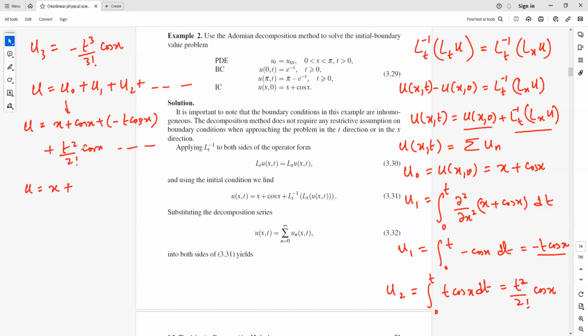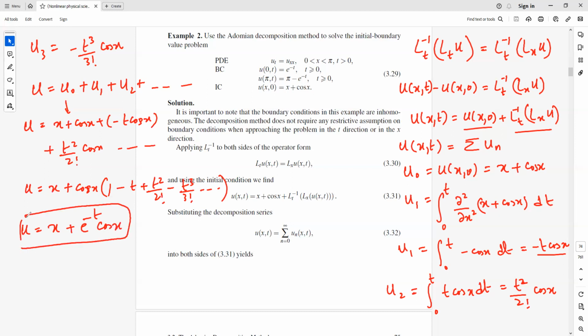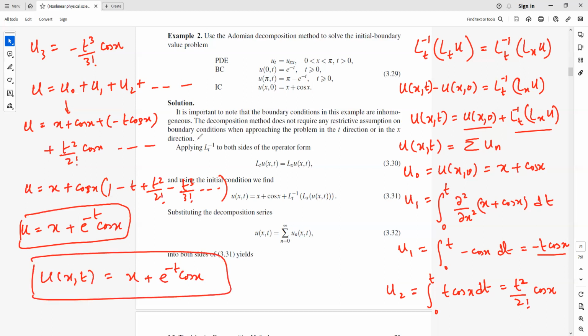Therefore x plus, if we take cosine x as common, then inside the bracket we have a function that is nothing but the Taylor series expansion of the function e to the power negative t. So we have the result for u(x,t), that is x plus e to the power negative t cosine x. So this is the solution for the given problem, and you can also verify the boundary conditions and the initial condition as well.